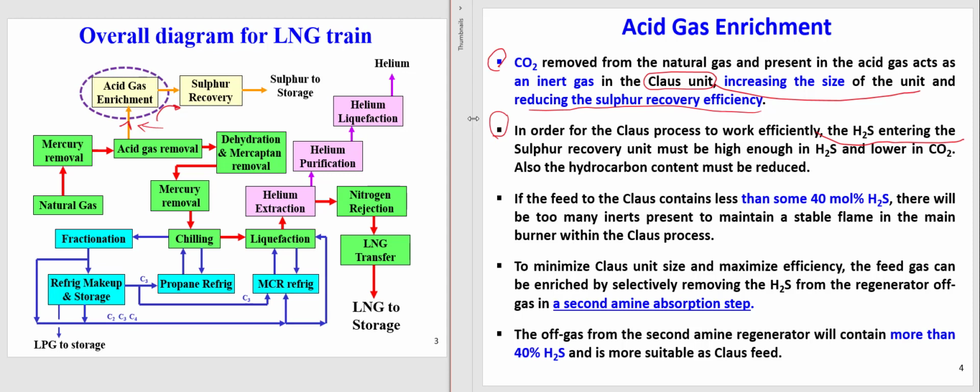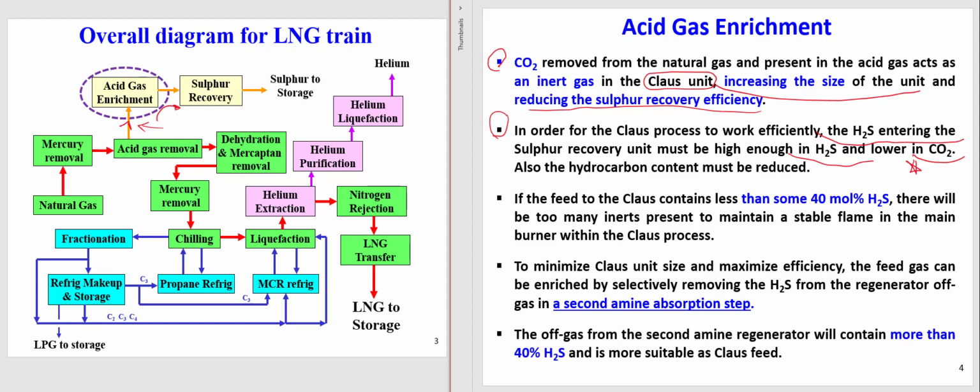The feed entering the sulfur recovery unit has to be high in H2S. The amount of H2S has to be high, and the amount of CO2 needs to be low, because CO2 is an inert gas in this process.